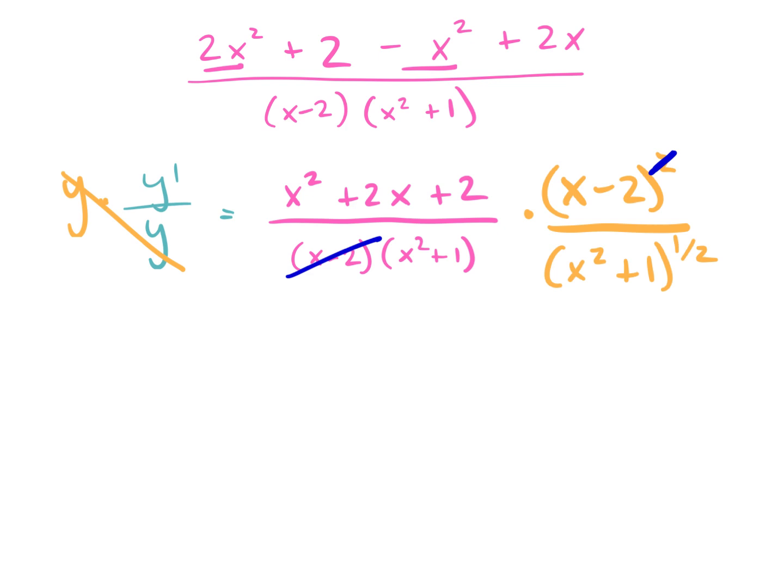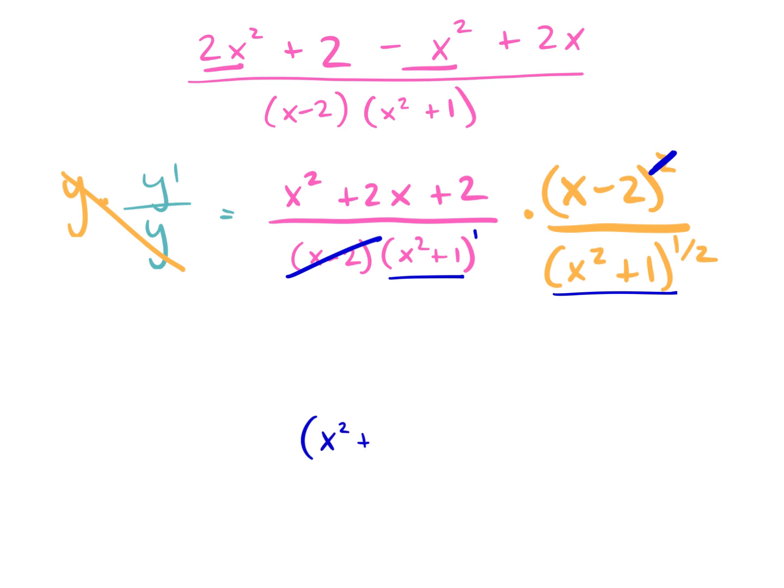Anything else? Simplify, combine, cancel. Can I combine the x squared plus 1 and the x squared plus 1 to the 1/2 power? Yeah, they're both on the bottom, so they're technically being multiplied. So what would I do to the exponents? Add them. What is 1 plus 1/2? 3 over 2, perfect.